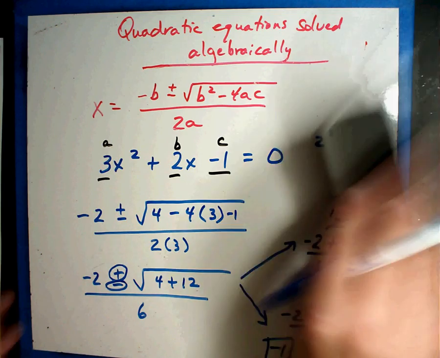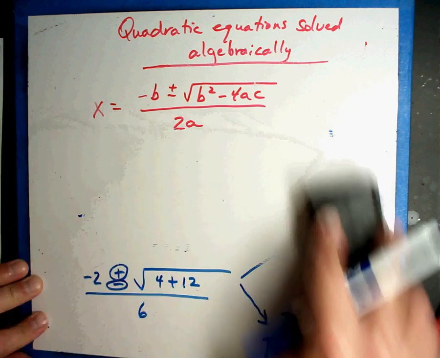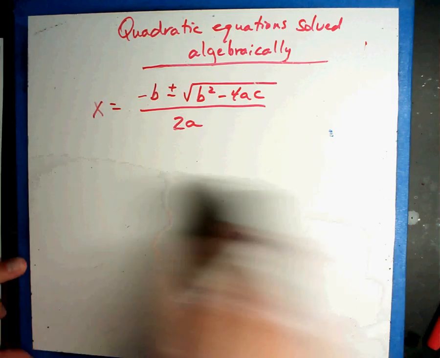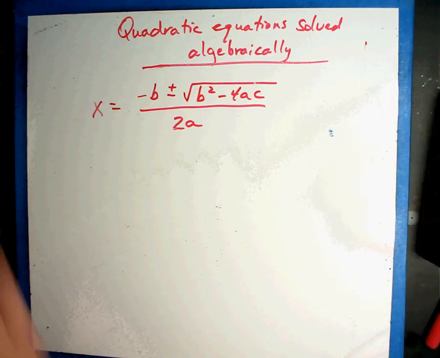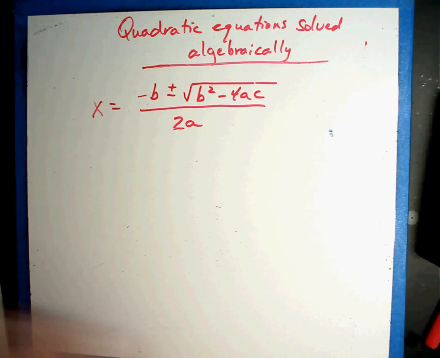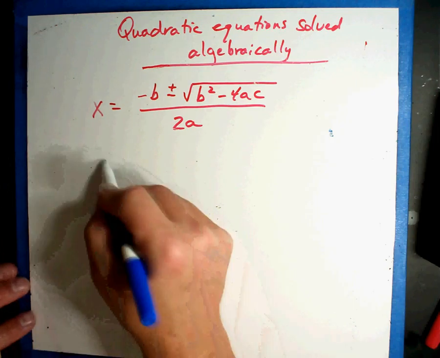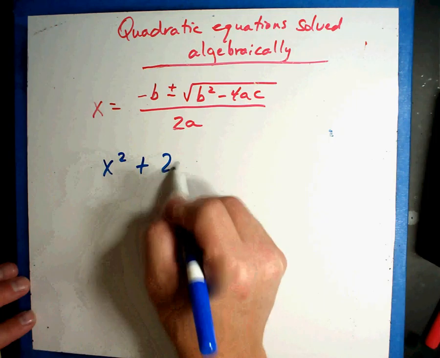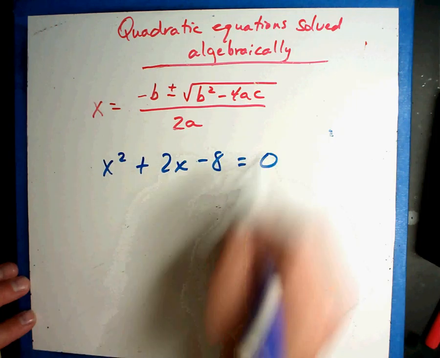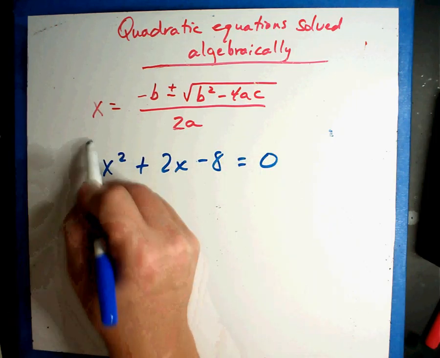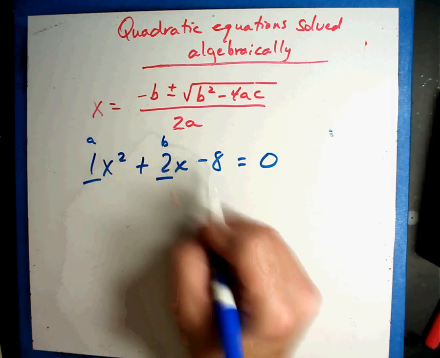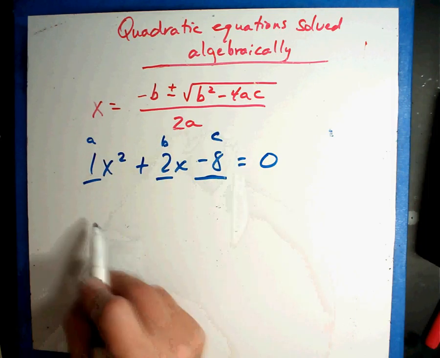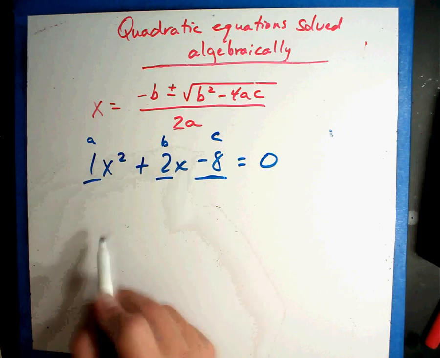Let's do one more quickly and see what we get just to make sure we understand the quadratic equation. Let's try one like this. X squared plus 2x minus 8 equals 0. All right? A 1, that's the A. A 2 is the B. And -8 is the C. So you'll notice I label them to make my life easier.